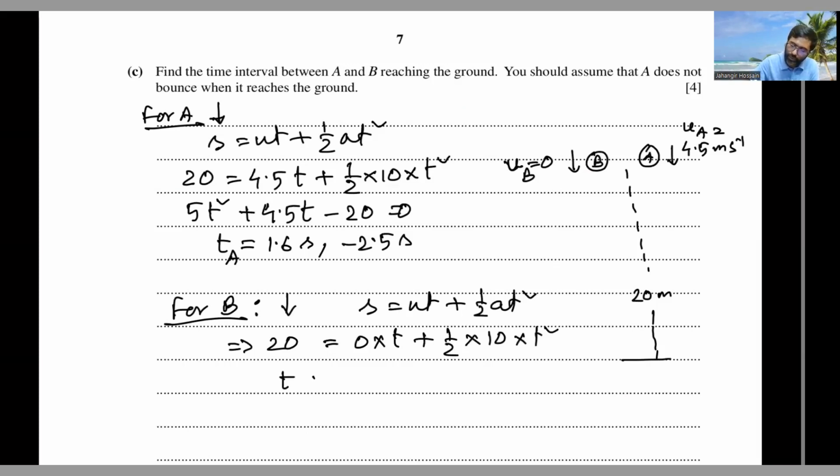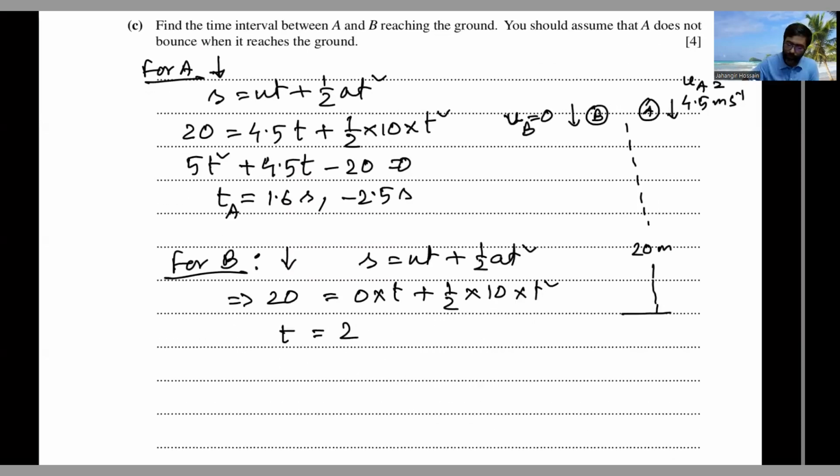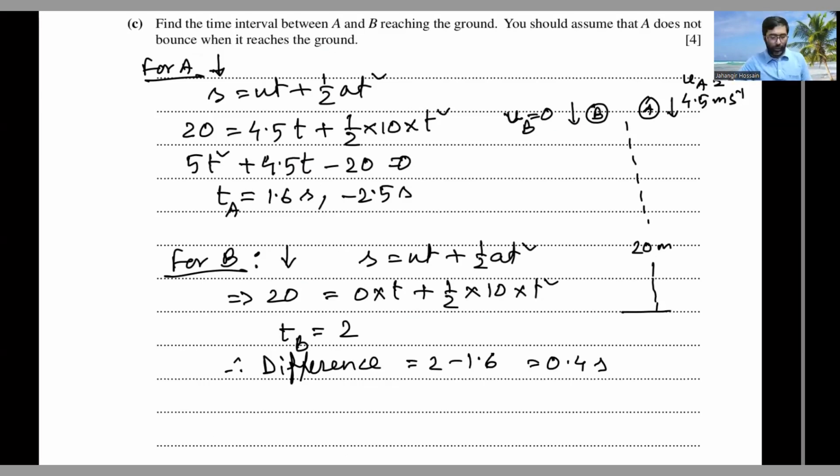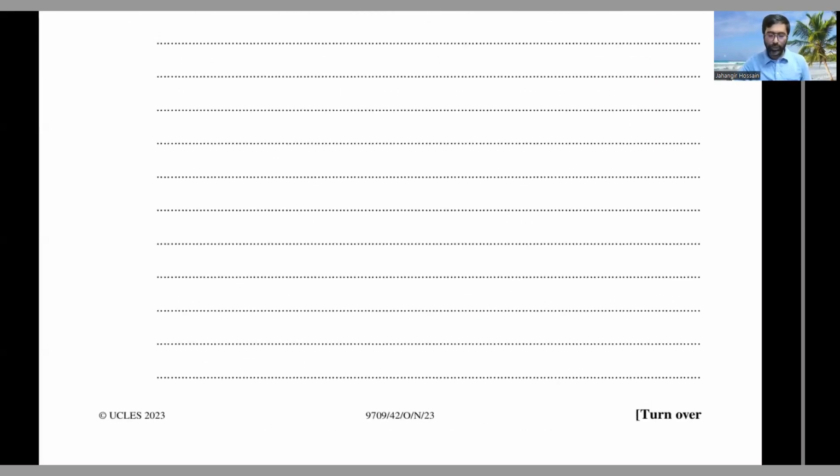So T is 2. This is the time taken by B. The difference is 2 minus 1.6, that's 0.4 seconds. That's for question 6. Okay, now let's move on.